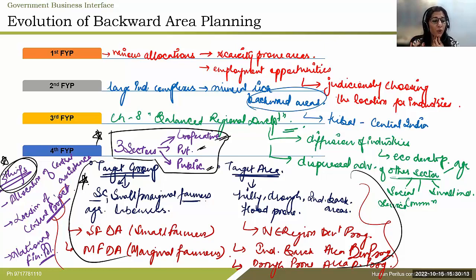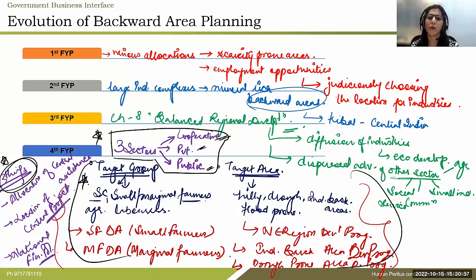So why had I told you about this fourth 5-year plan in such an extensive way? Because this was considered, as I told you, the watershed period in the history of backward area regional development. These were the basic and major things, and you can cite them in your answer if asked.